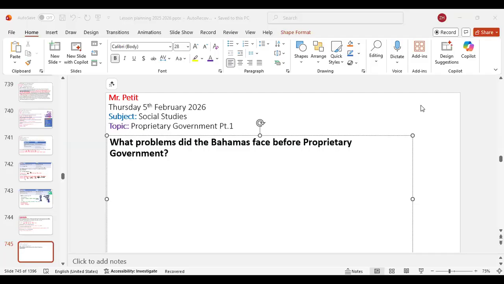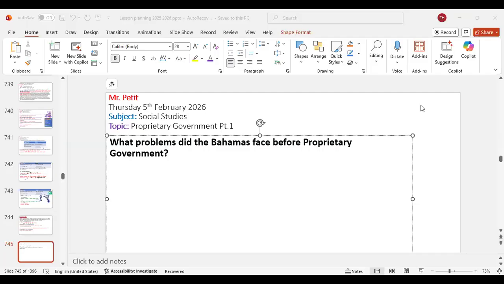There was a lack of law and order, and the settlers were without protection. So in order to settle disputes, they would turn to the Bermudian Council to help deal with arguments and disputes.